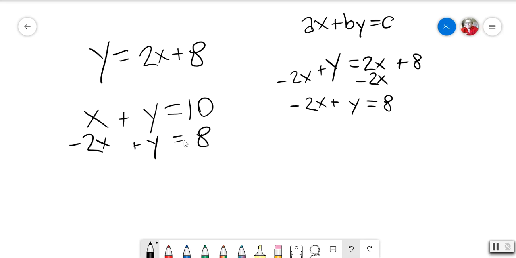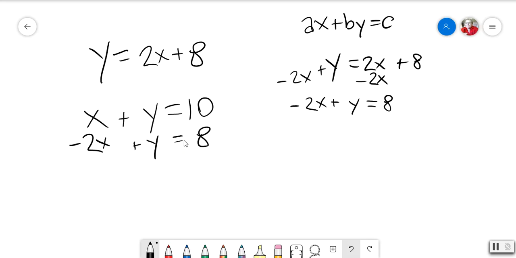Now, I need to either get rid of my x or my y, and I'm faced with a problem. Neither one of them as they stand is going to cancel out. If I add these two equations as they stand, negative 2x plus x is negative x, then you get y plus y is 2y equals 18. I need to get rid of one of the variables. So there's two ways I could do this. I can change one of the equations and leave the other one alone.